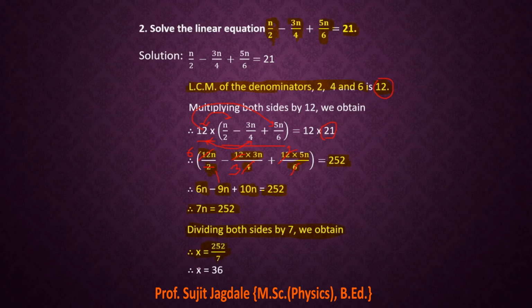So here n is equal to 36. So this is the final answer. By dividing by 7 we are getting 36 as the final answer, which is the solution of the given linear equation.